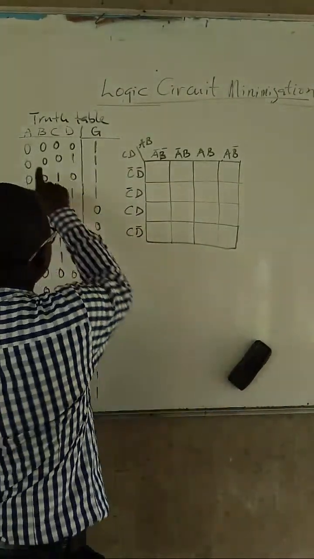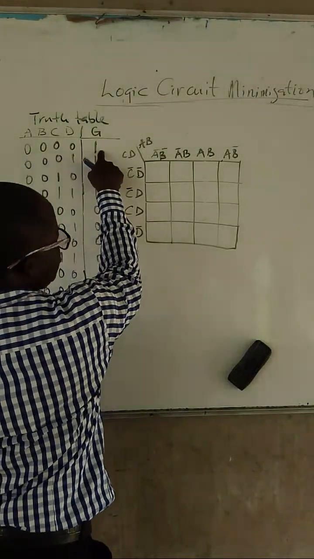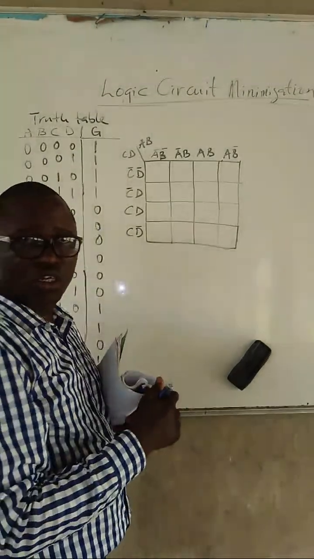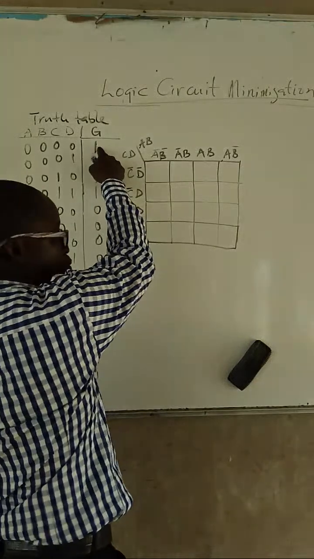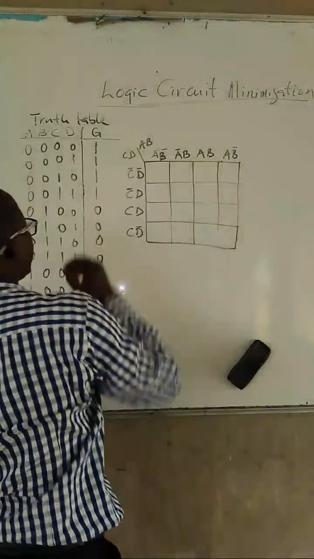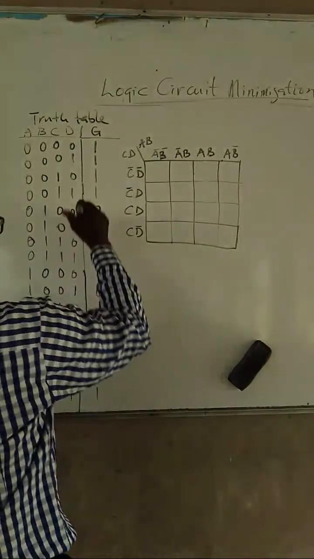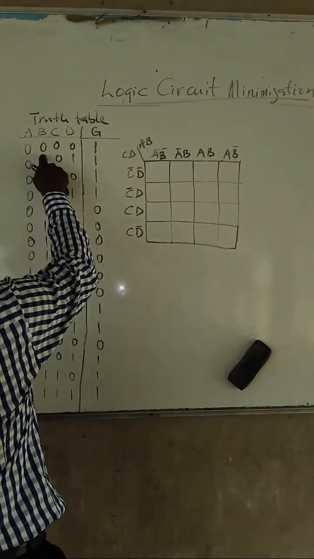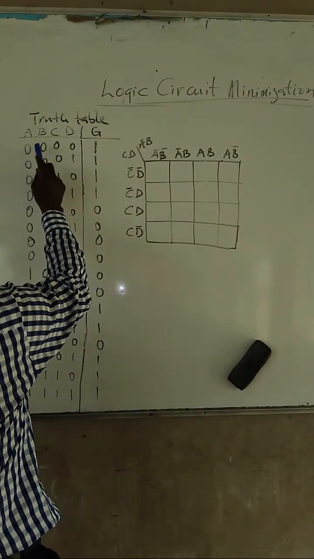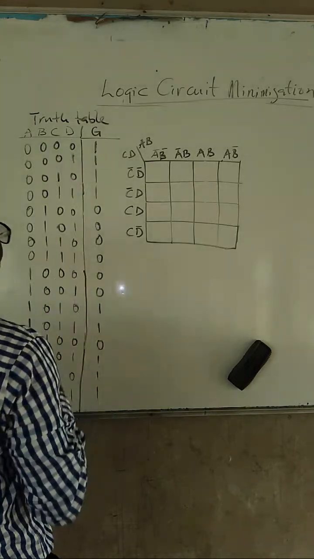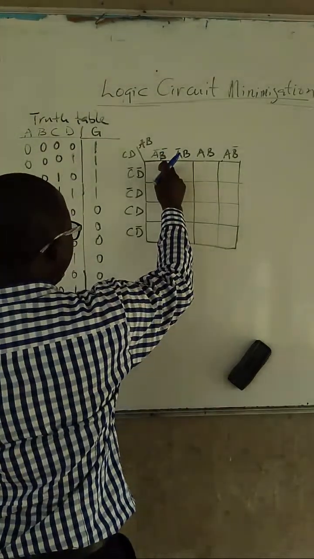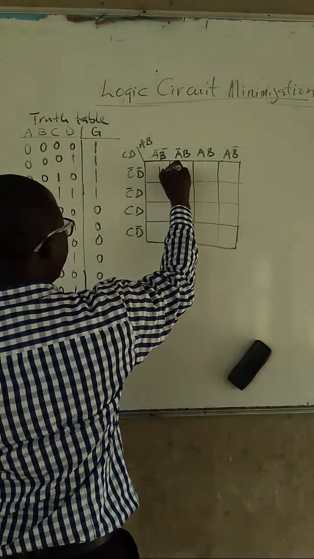For that one, we look at the input combination that gave us that 1. That is what we are going to map in here. Look at this one, for instance, starting from here: 0, 0, 0, 0, that means A bar, B bar, C bar, D bar. And that will be A bar, B bar, C bar, D bar. Here, you are going to have the 1.